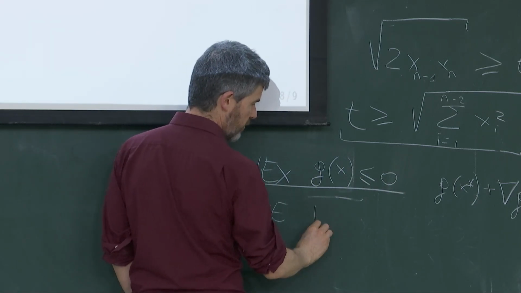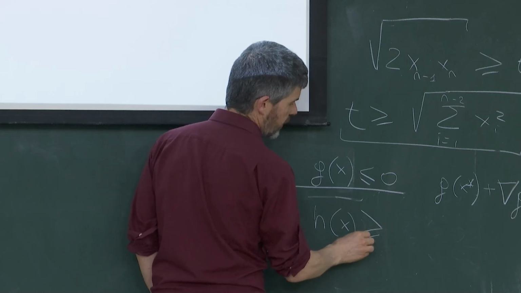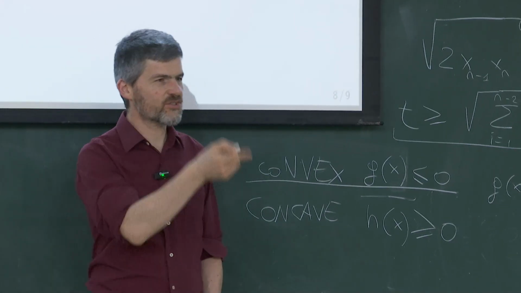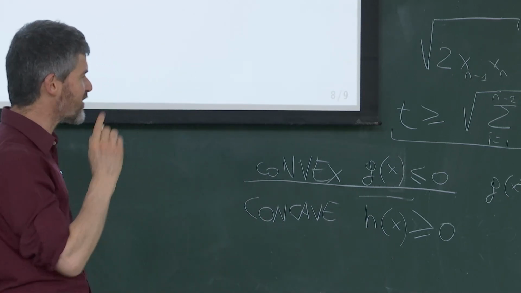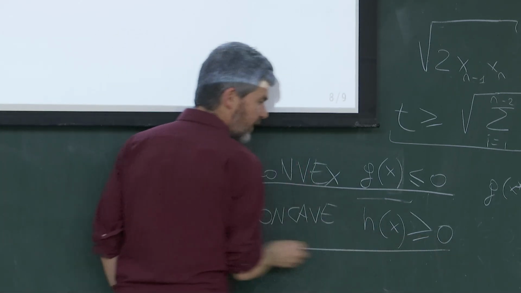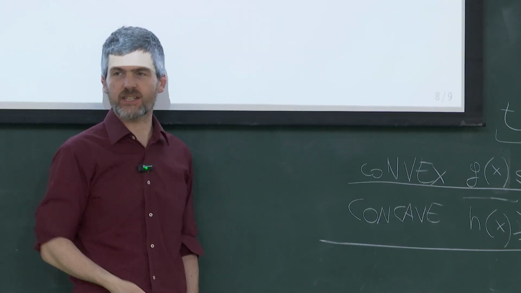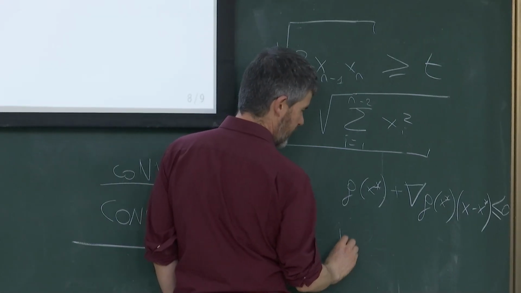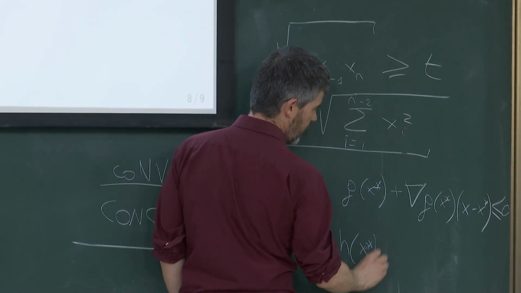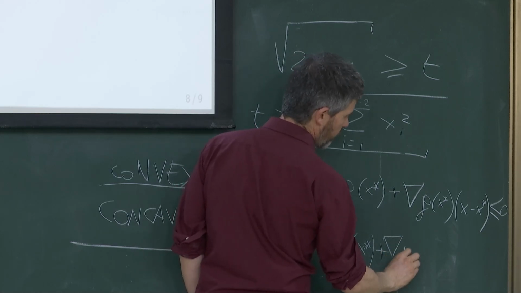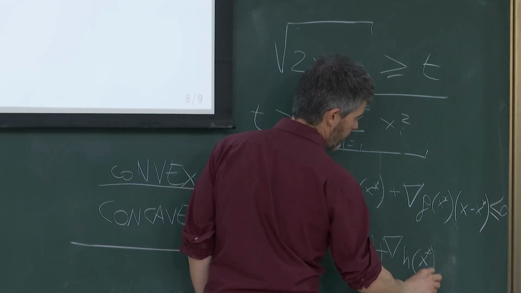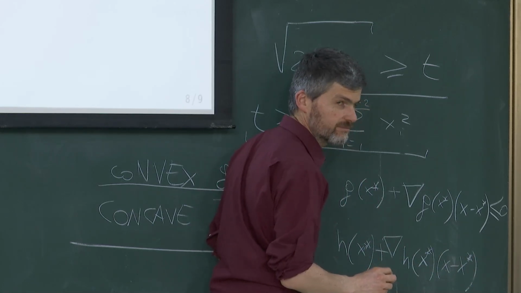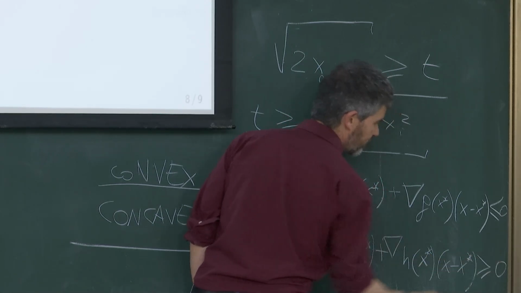If h is concave, then h of x greater or equal than 0 is a, I wish you said a concave set, because that obviously doesn't exist. Yes, this gives you a convex constraint, which is satisfied by a convex set of points. And you can do exactly the same thing and say h of x star plus the gradient of h computed at x star times x minus x star greater than or equal to 0.